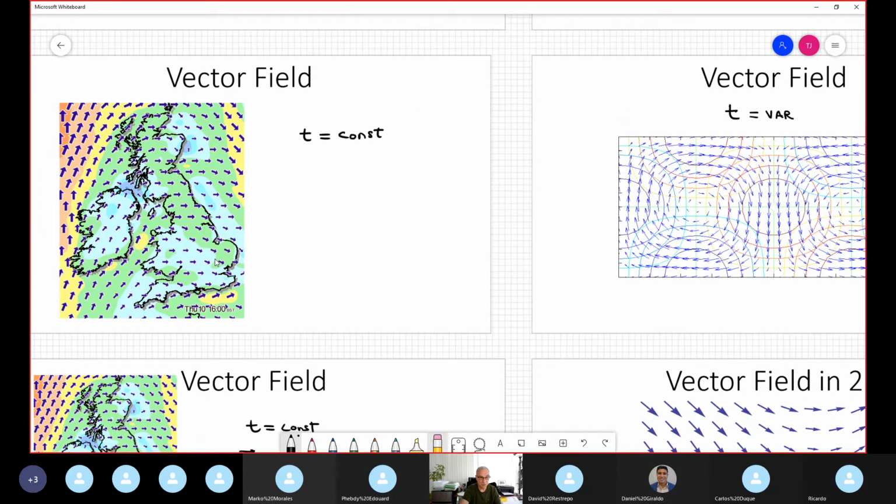I take a picture, bam. No, you see in the weather forecast that this arrow is moving, no? Entonces in this case, more complicated because the time is not considered constant. But in this case, we study in one specific time. I take the picture. This arrow represents the speed of the winds in this country in one specific instant of the time.